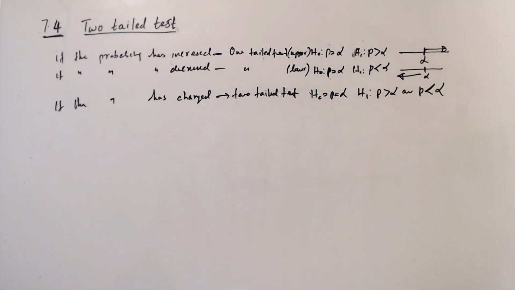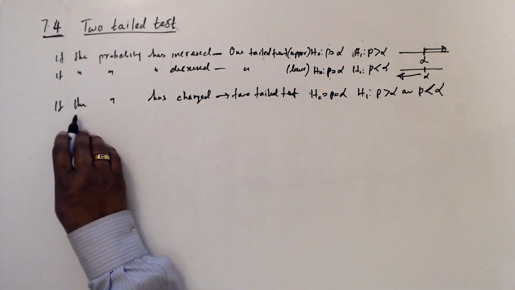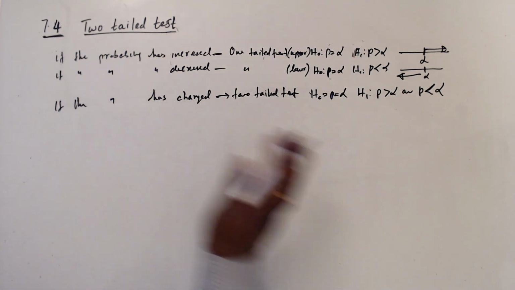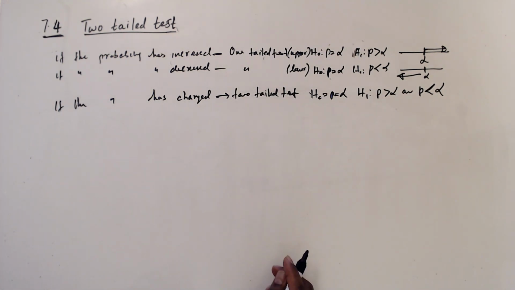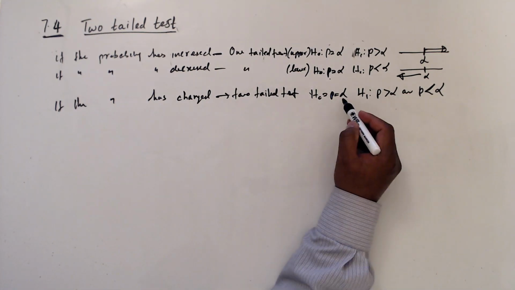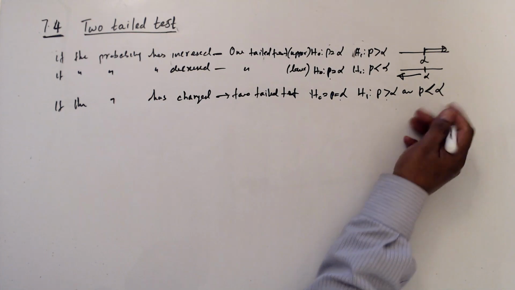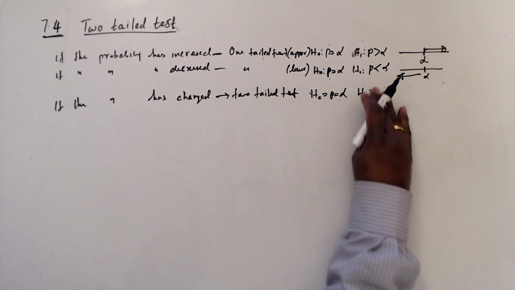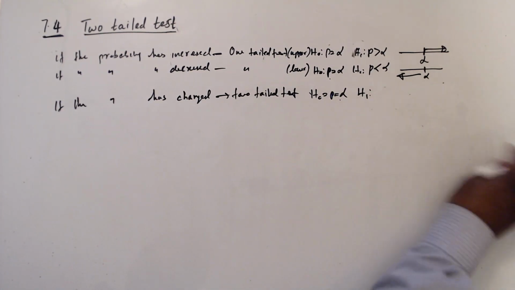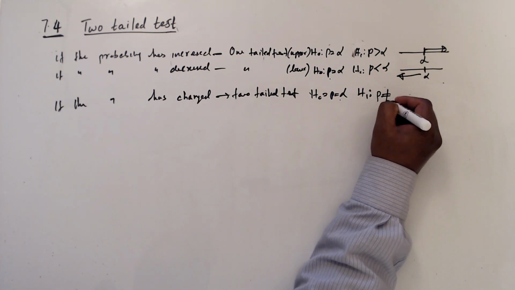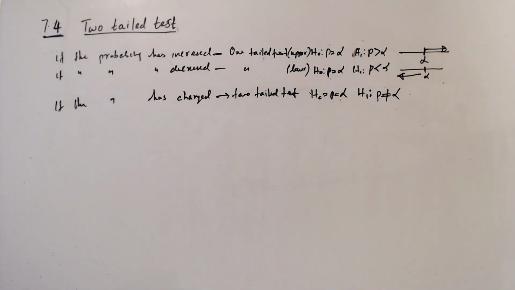We only know the probability has changed. Then there are only three options: it is equal to alpha, greater than alpha, or less than alpha. So we simply write in one term, H1, the alternative: the probability is not equal to alpha. That's how we present a two-tail test.